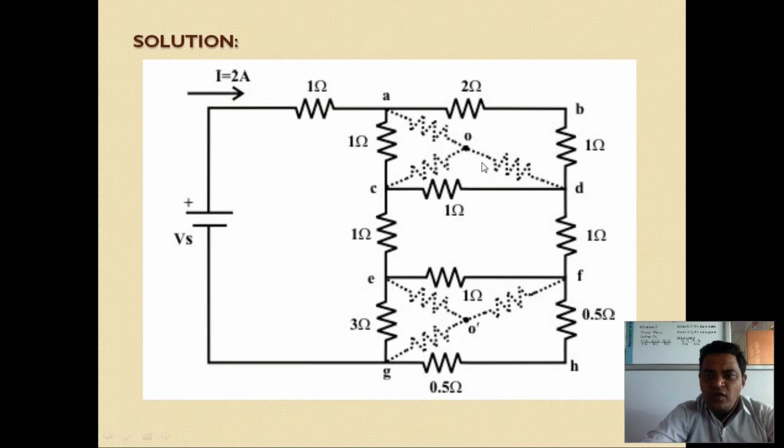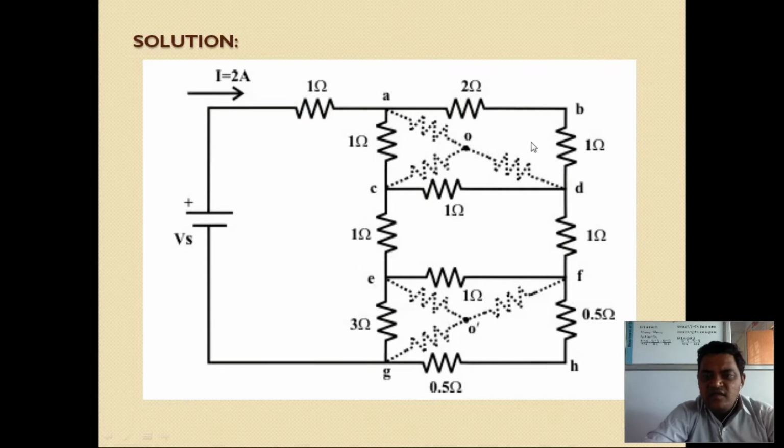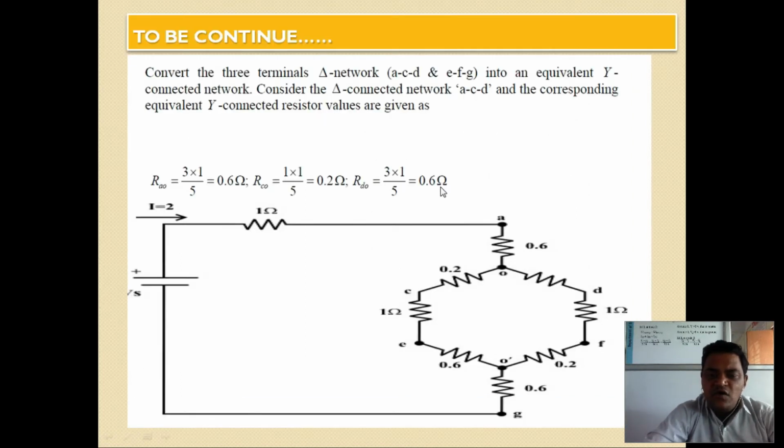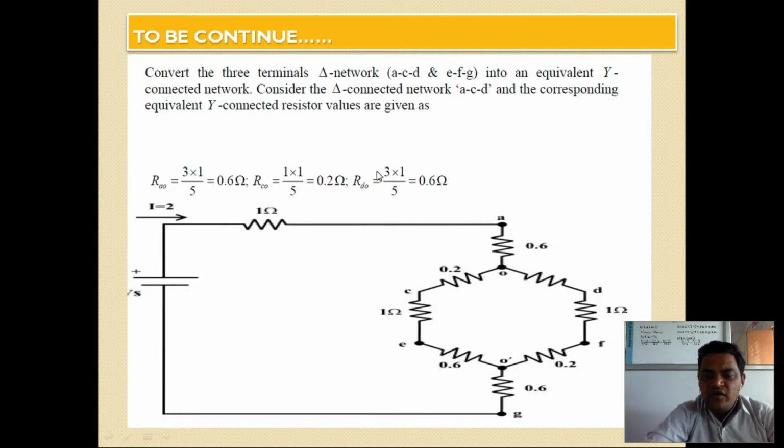Then we calculated R of OD, which again is 3 into 1 upon the total resistance 5, that is 3 upon 5, which is equal to 0.6.